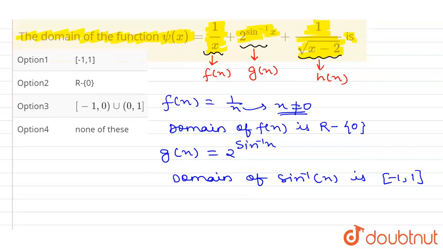And this h x function is only defined when x minus 2 is greater than 0. So from here I can say x is greater than 2.